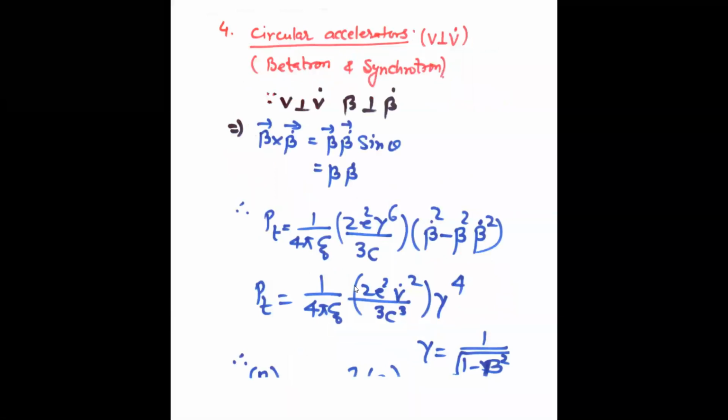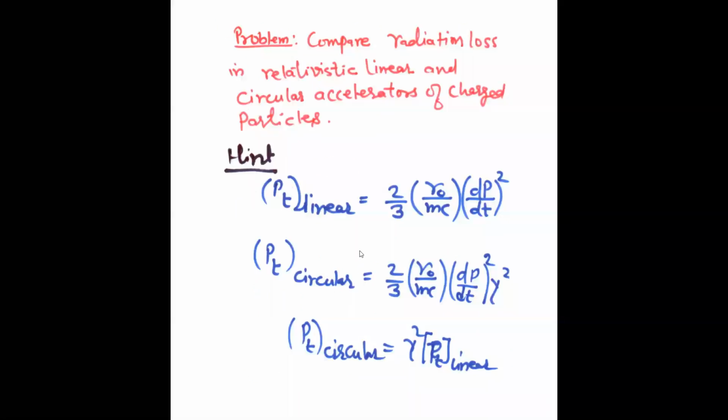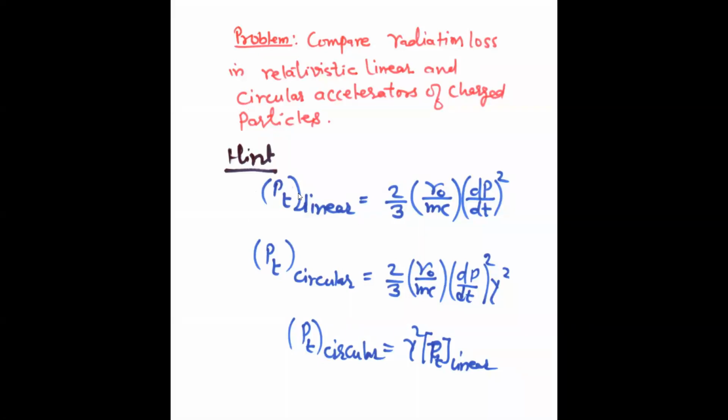How much power is lost when a charged particle emits radiation, we will calculate that. So in the case of a linear accelerator, you will get this formula. In the next slide I am showing you the derivation. And in a circular accelerator, the power loss by a relativistic charged particle is this.